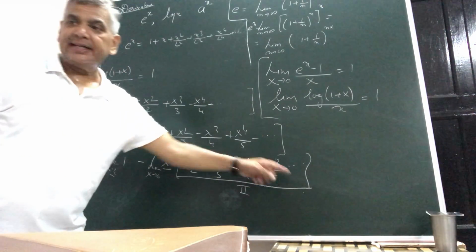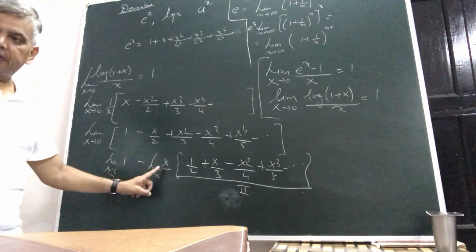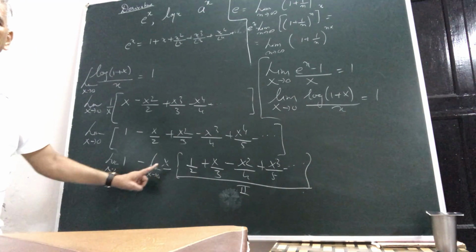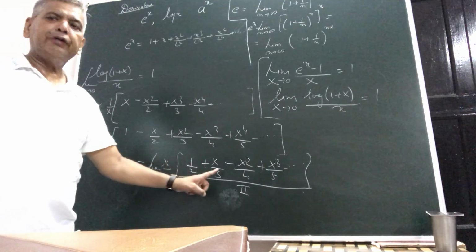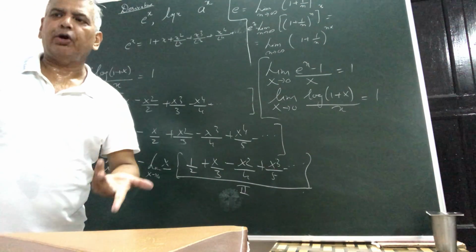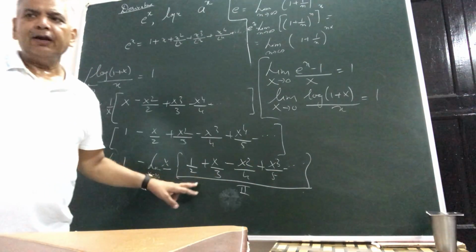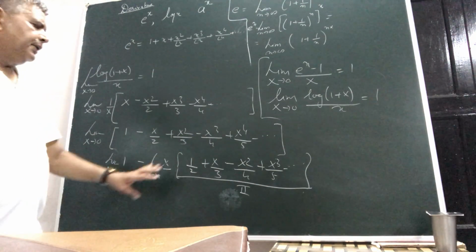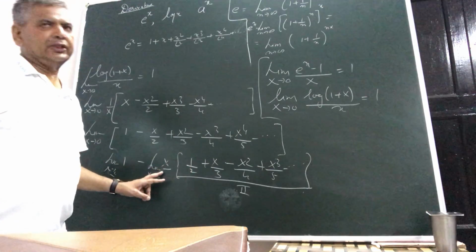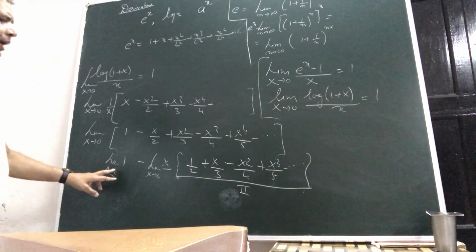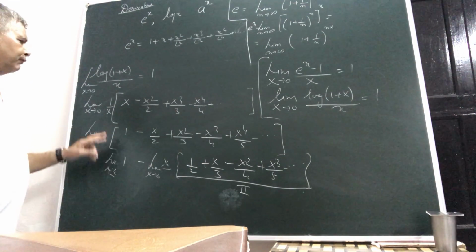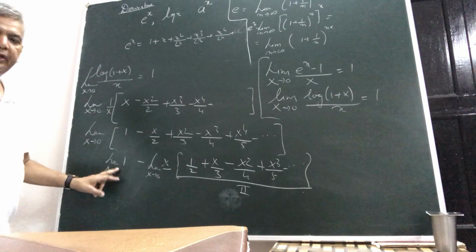Because if this series is divergent, then the limit of x being a polynomial will be 0, and 0 into infinity we can't say what it will turn out to be. But if this series is convergent, then of course it will have a finite sum, and this finite sum into this limit 0 will make the whole thing 0, and then of course we can justify that the limit of log(1+x) upon x will be 1.